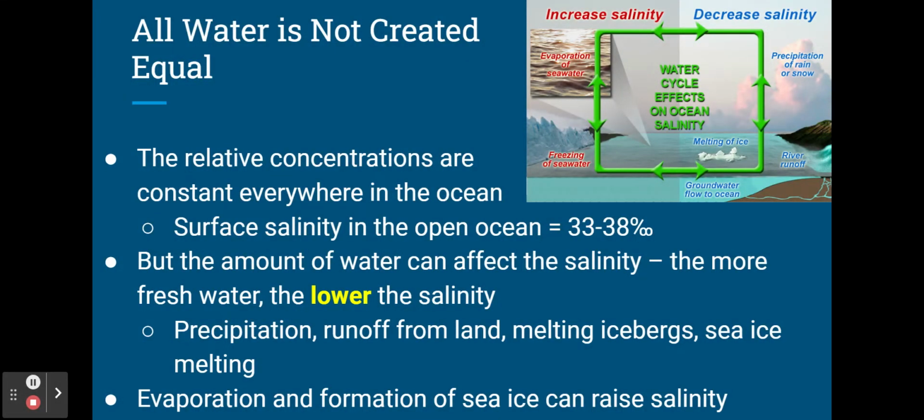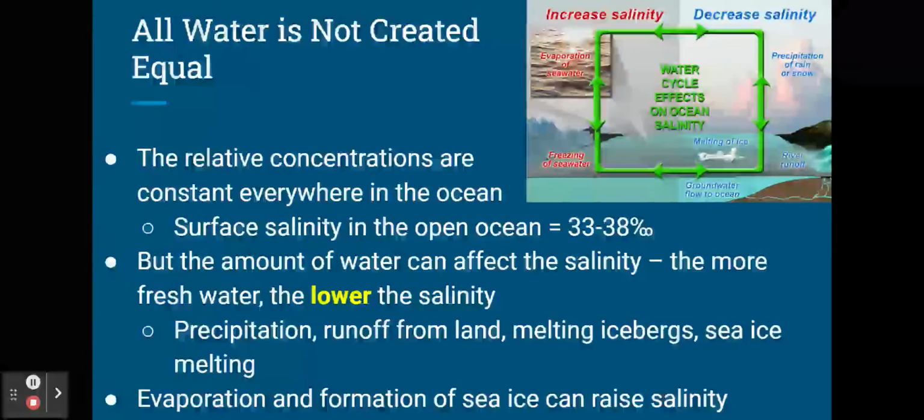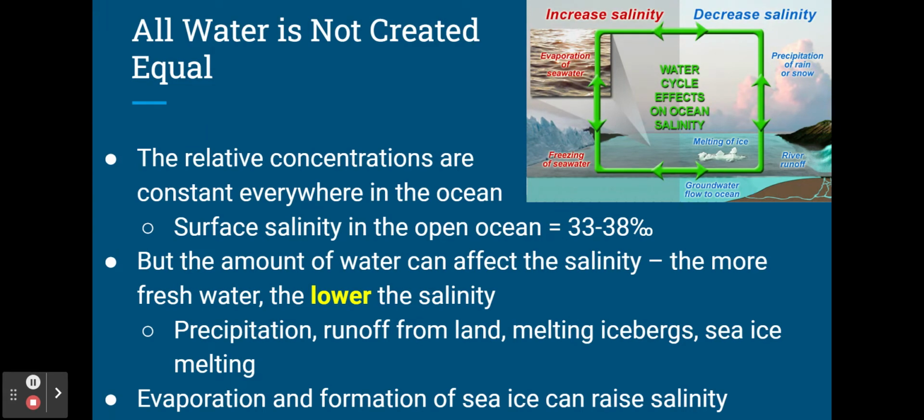Things like precipitation, like rain or snow, runoff from land, and melting icebergs or sea ice can all affect the salinity. Evaporation and the formation of sea ice can also raise salinity. That means fresh water evaporating or turning into ice can increase the amount of salt in the ocean.